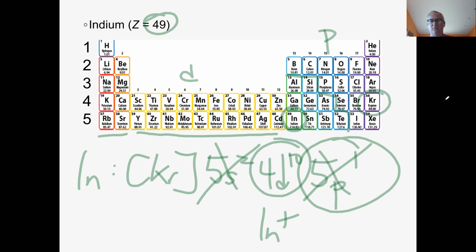When you lose electrons, it doesn't matter the energy level, it just matters the shells, right? Well, the shells are the energy levels, Raymond. The 5s is slightly less energy than 4d.